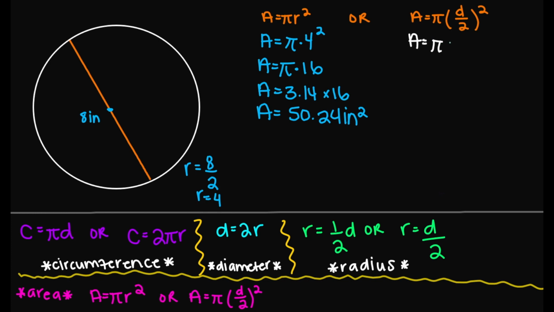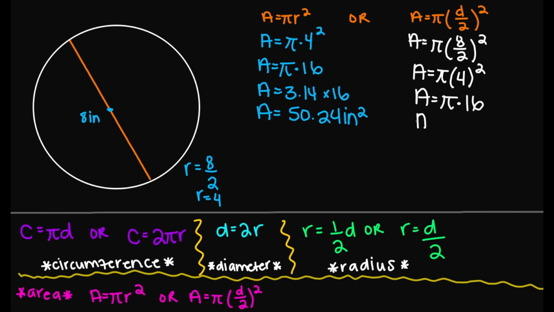So we have pi times my diameter, 8, divided by 2, and that's going to be squared. So you have A equals pi, 8 divided by 2. This is going to be 4, and that's going to be squared. So you have A equals pi times 4 squared, that's going to be 16.